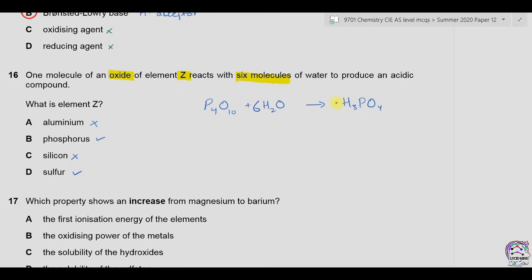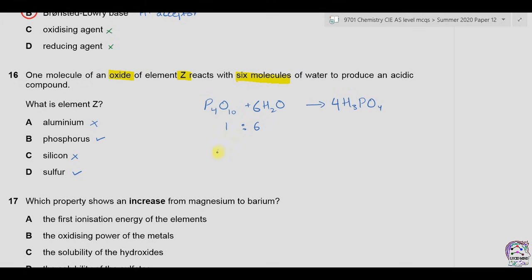In order to balance the hydrogen, we have to put 4. Now 12 hydrogens are balanced on either side. Then the number of phosphorus is also balanced and the number of oxygen is also balanced. So it means the ratio between phosphorus oxide and water is 1:6. So one molecule of phosphorus oxide does react with 6 molecules of water. So the possible option is B.